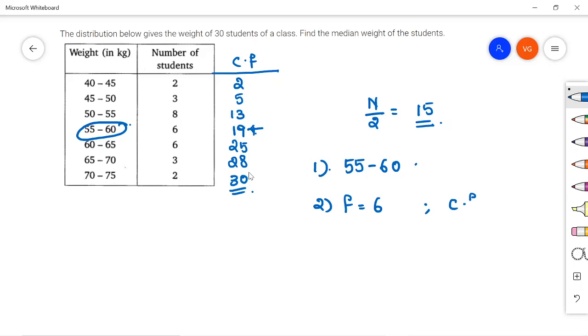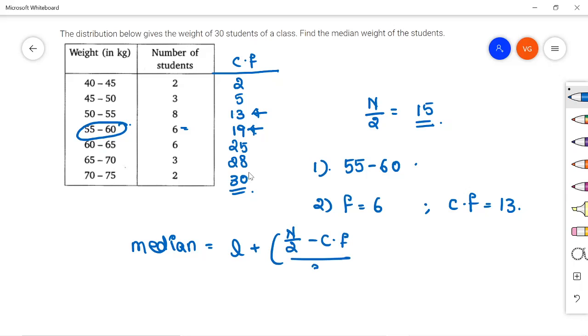Select the cumulative frequency that is just above the median class, nothing but 13. Now write it down in the formula to calculate median. Median is given by L plus n by 2 minus cumulative frequency divided by f into h. Height of the class from here, 60 minus 55, it is 5.